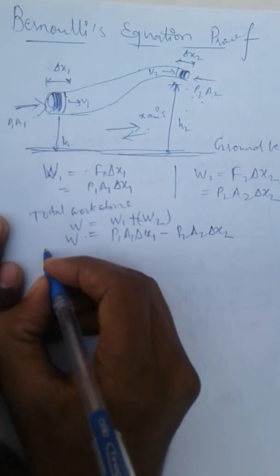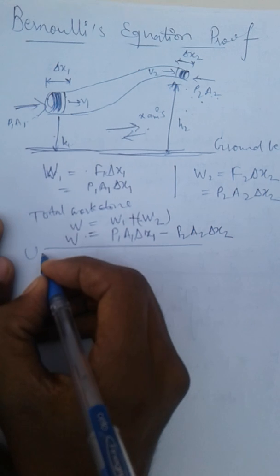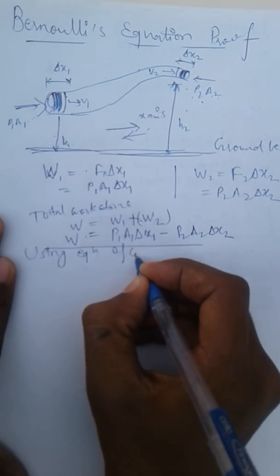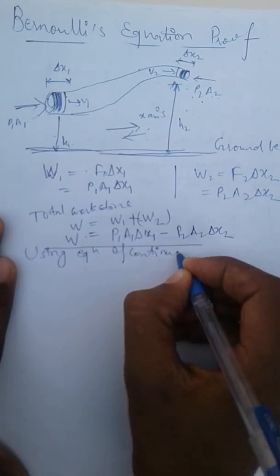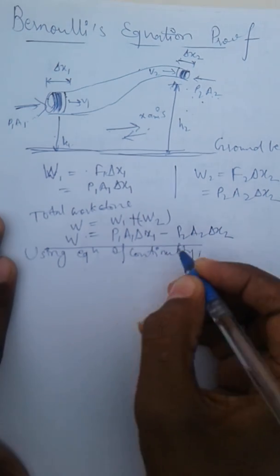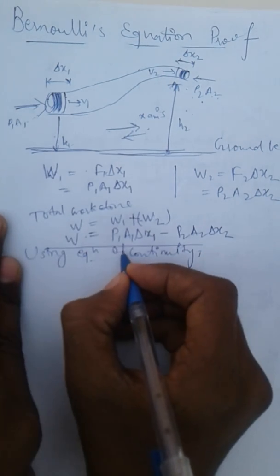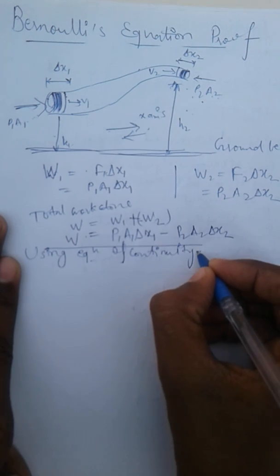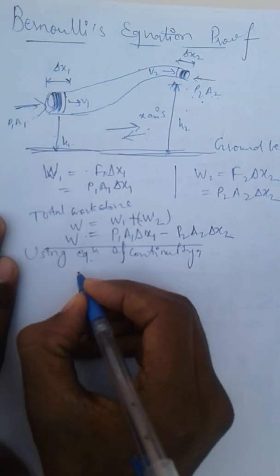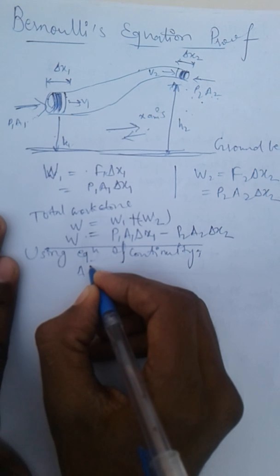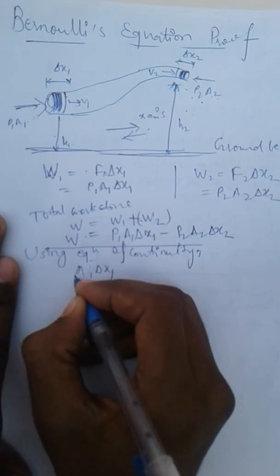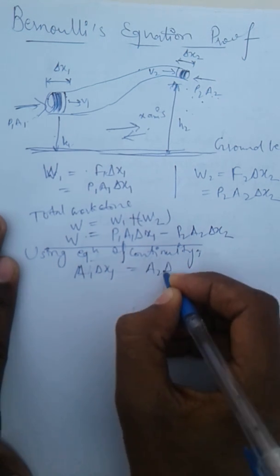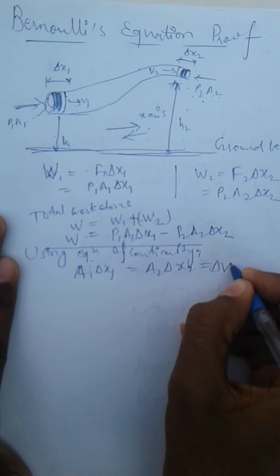Okay, also you know that using the equation of continuity, A1 del x1 equal to A2 del x2 equal to del v.